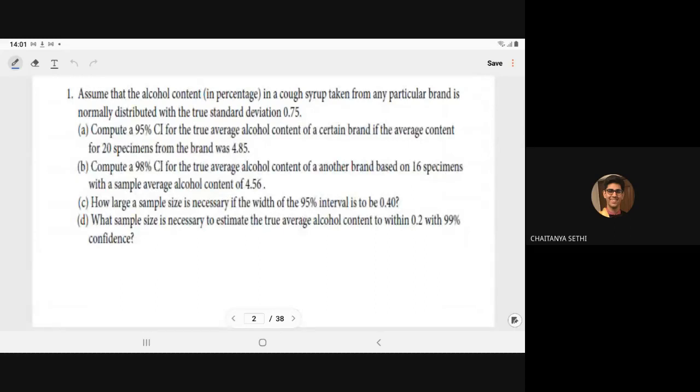assume that the alcohol content in percentage in a cough syrup taken from any particular brand is normally distributed with true standard deviation 0.75.